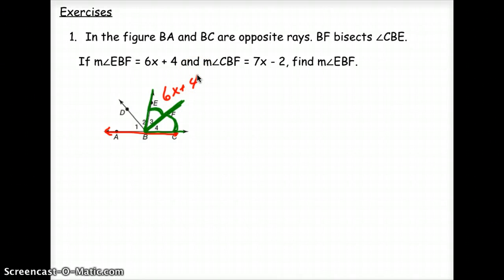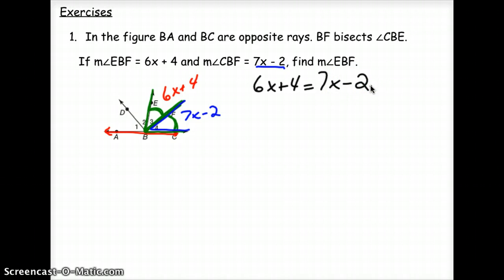And then I have the measure of CBF, which is 7x minus 2. And I've already marked those two as being equal by marking it with that curve. So those two are equal, so I'm going to write my equation, 6x plus 4 equals 7x minus 2.